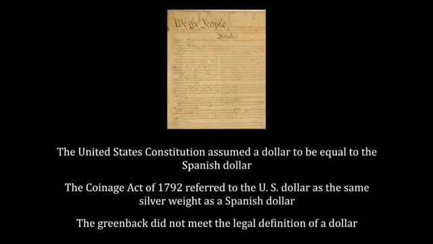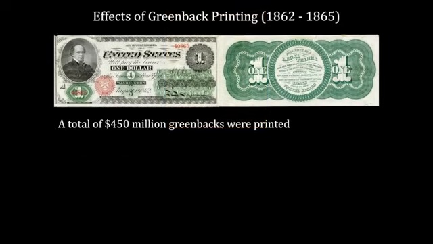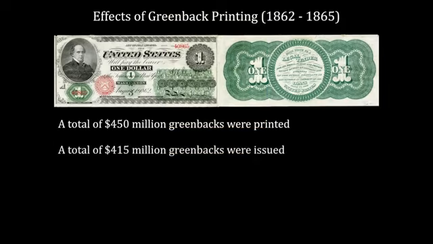Since the Constitution assumed a dollar to be equal to the Spanish dollar, and the Coinage Act of 1792 referred to the dollar as the same silver weight as a Spanish dollar, the greenback did not meet the legal definition of a dollar. A total of $450 million of greenbacks were eventually printed, with a total of $415 million issued.